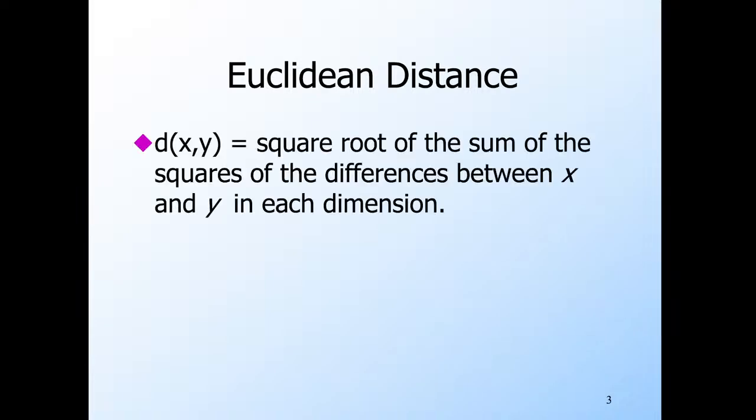The first one is Euclidean distance, which is probably the most straightforward way to define the distance between two data points, x and y. Here we assume that x is x1 up to xd, for example, a column vector, and y is y1 up to yd. These are two data points.